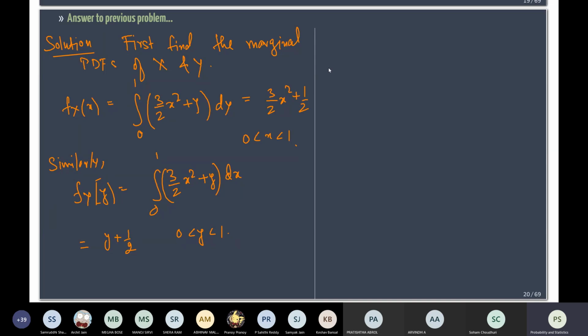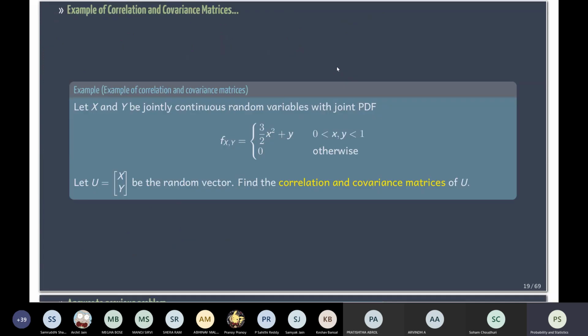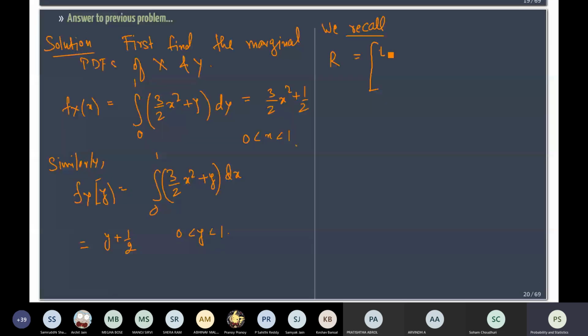Now to compute this, we recall that the correlation matrix R is given by expectation of x squared, expectation of xy, expectation of yx, and expectation of y squared.